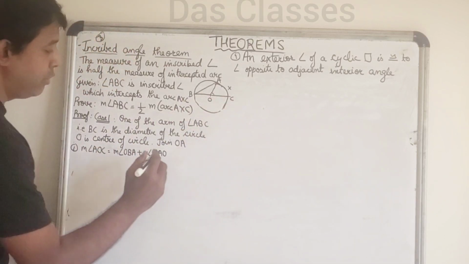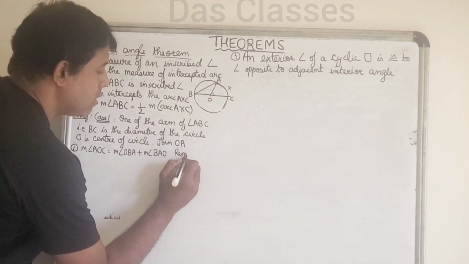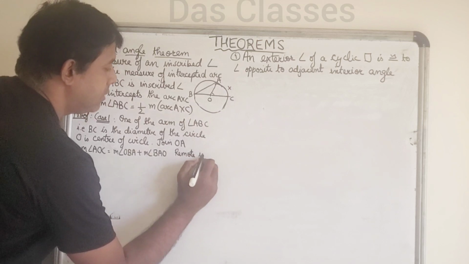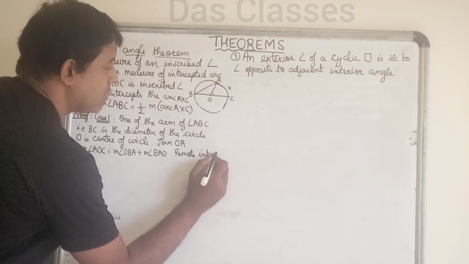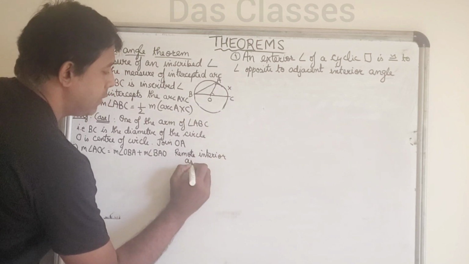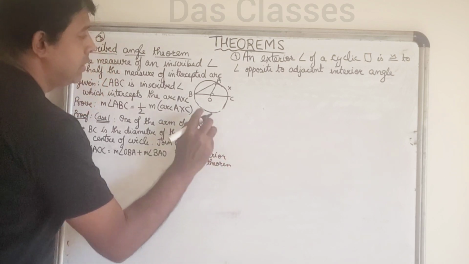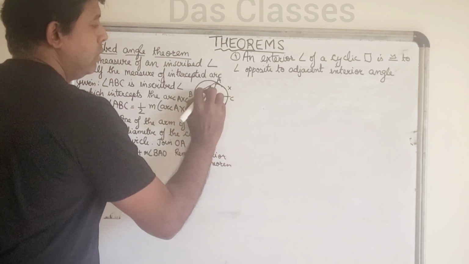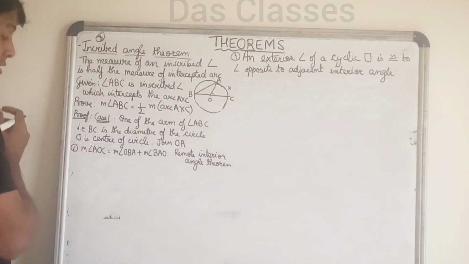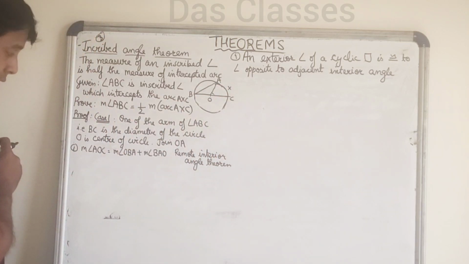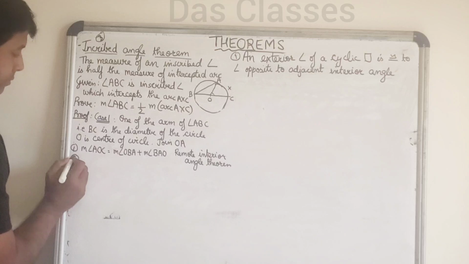That is a property of the remote interior angle theorem, that is, this angle will be equal to this plus this angle. That's the first step.